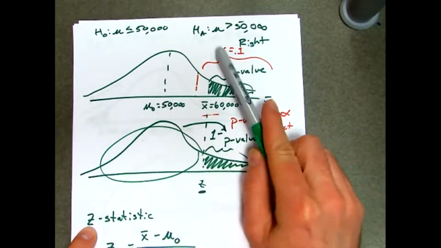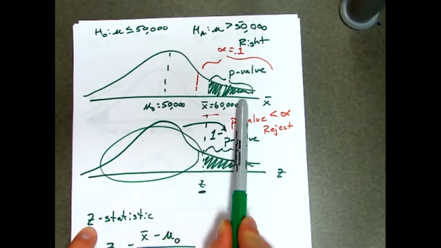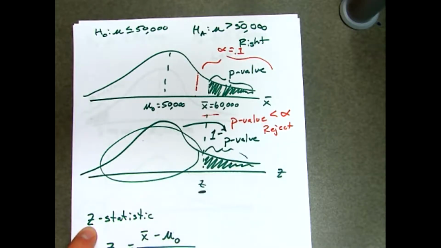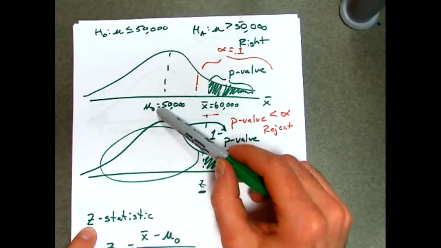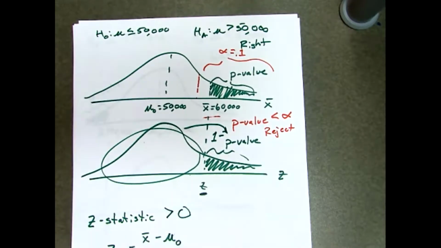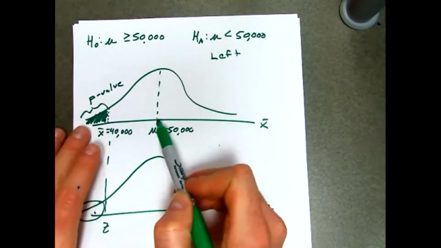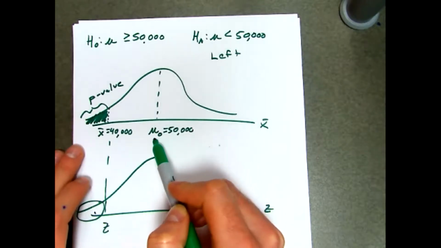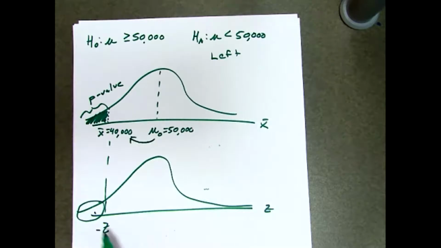If I'm seeing sample evidence that goes against the null, so I'm seeing values on the right side here, once I turn those into a z-value, there are going to be a certain number of standard deviations above the assumed true value. So my z statistics for a right-tailed test should always be positive. And for a left-tailed test, the only evidence that goes against the null is on the left side, so it's going to be a certain number of standard deviations below the mean. So I should always get negative z statistics there.